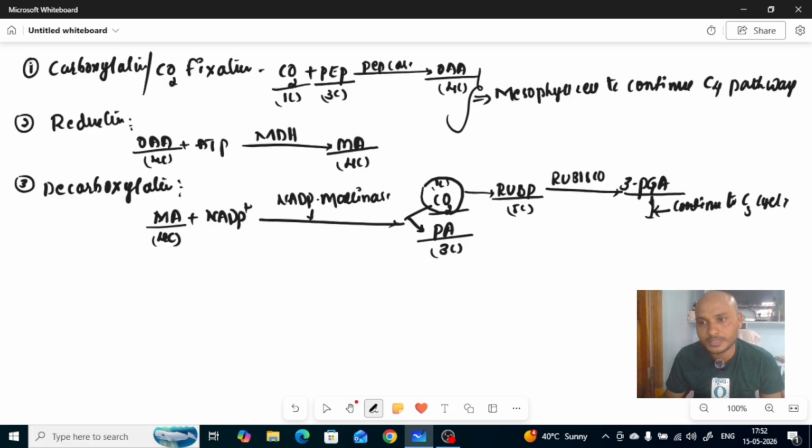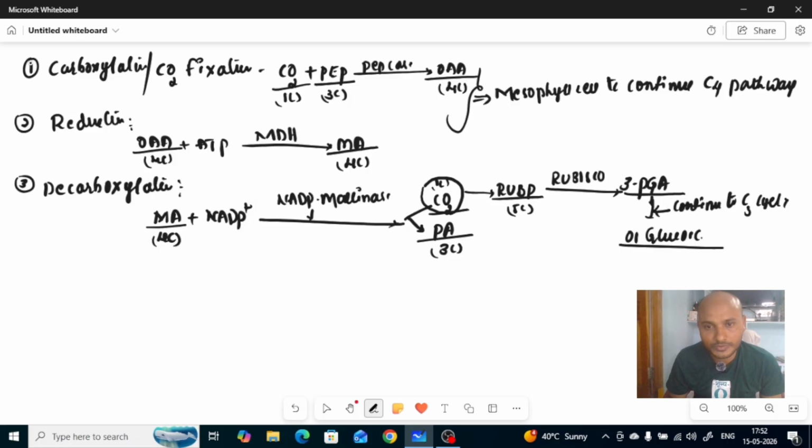By the end of the C3 cycle, from 3-PGA there is formation of 1 molecule of glucose. So glucose is synthesized through this decarboxylation, and this is the C3 cycle.